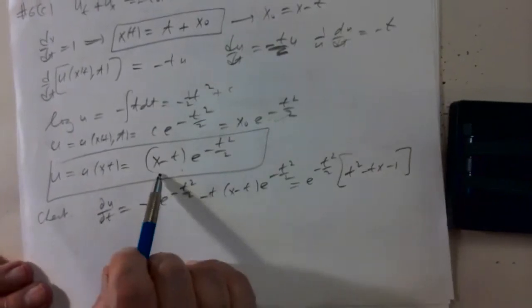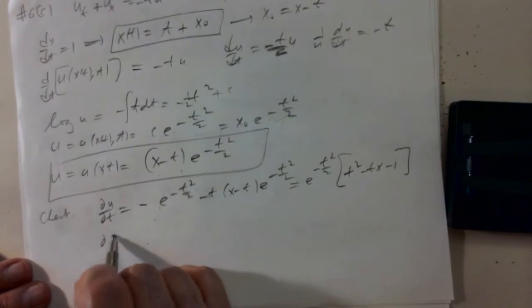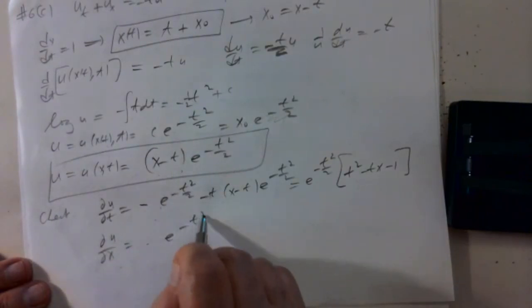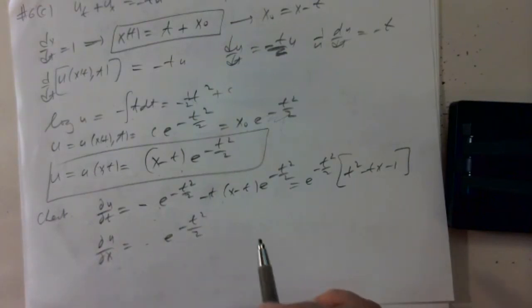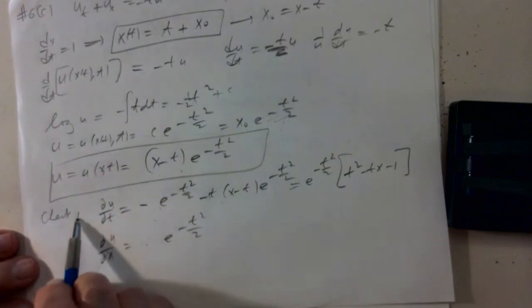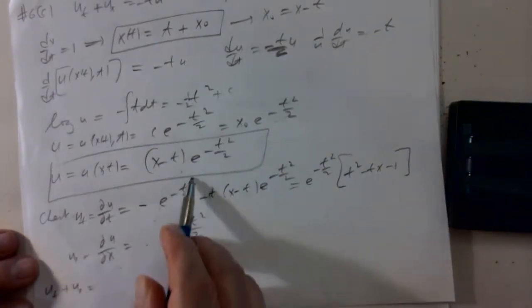If I differentiate this function with respect to x, I just get f' times e to the minus t squared over 2. If I add them, u sub t plus u sub x, these cancel.